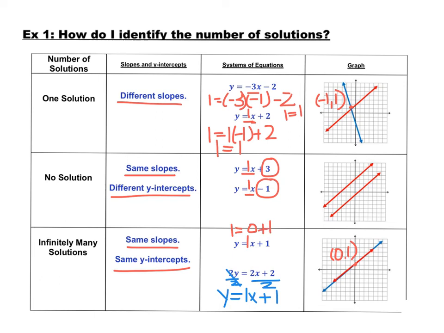And if I plugged it into the other equation, it would work as well. I'd have 2 times 1 is 2, is equal to 2 times 0 is 0, plus 2. And notice how 2 is equal to 2. So it's going to work. I could pick any point on that line, and it's going to be a solution to this system of equations. So in this lesson, we took a look at how to identify the number of solutions to a system.